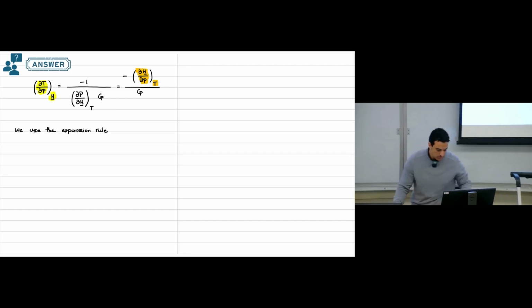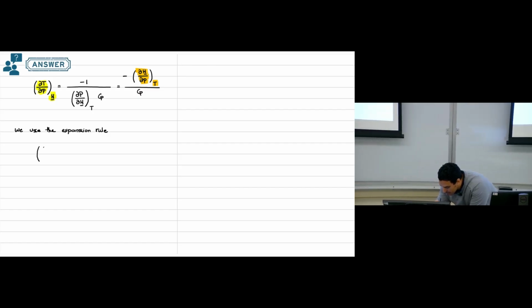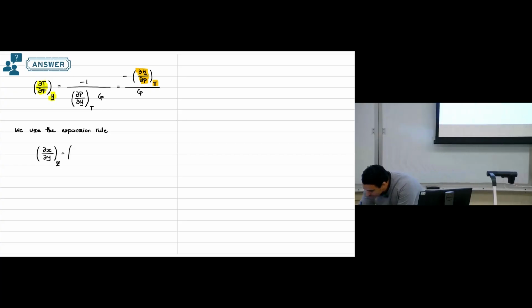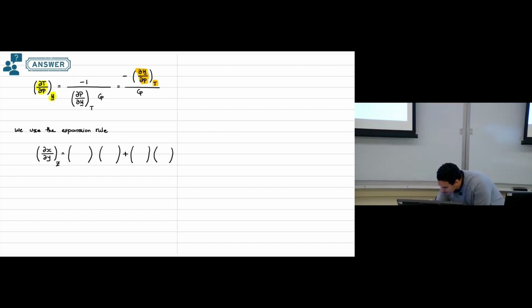And for the expansion rule, let's put the general equation we have for it. So we have dx by dy at constant z. In the expansion rule, we will have 4 brackets. Ready? 1, 2, plus 3, 4.